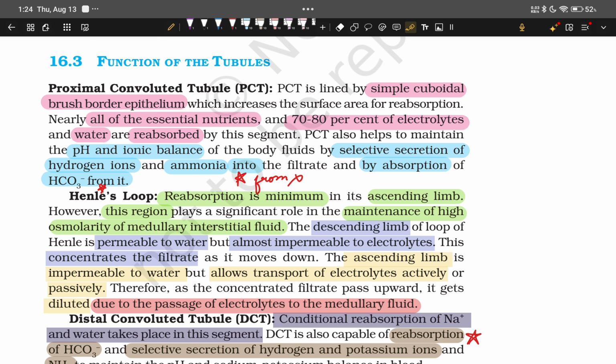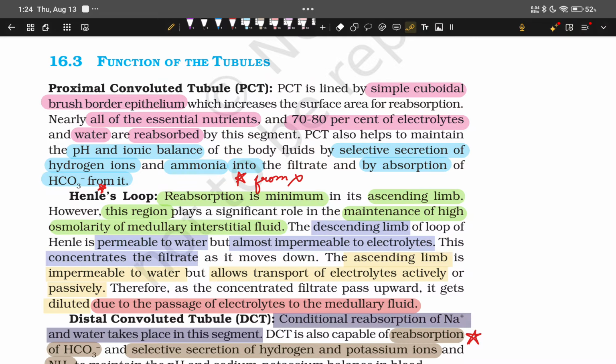So the PCT has a large surface area for reabsorption, and this brush border epithelium increases its surface area. All essential nutrients first of all, secondly, 70 to 80% of electrolytes plus water are reabsorbed in this segment.